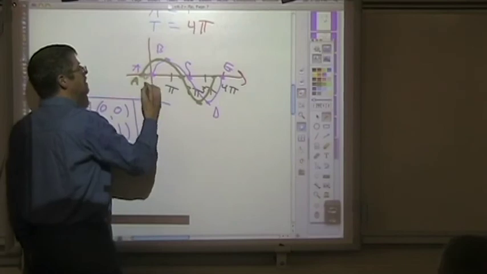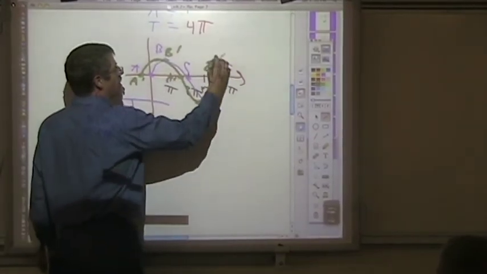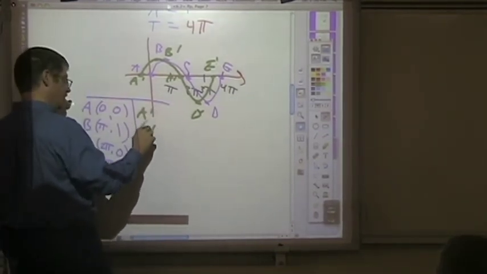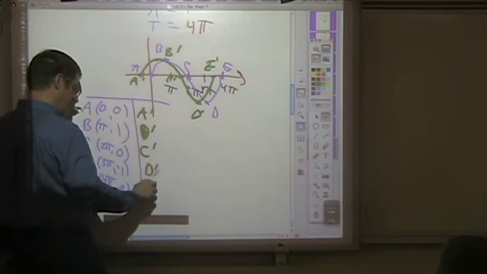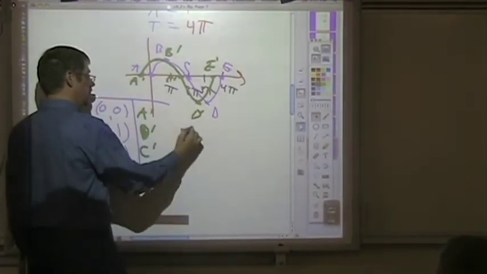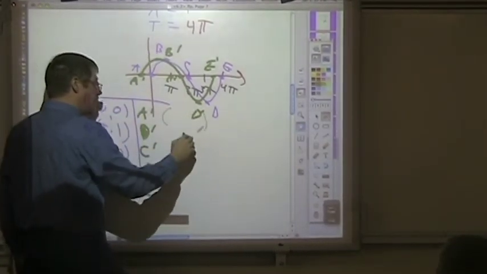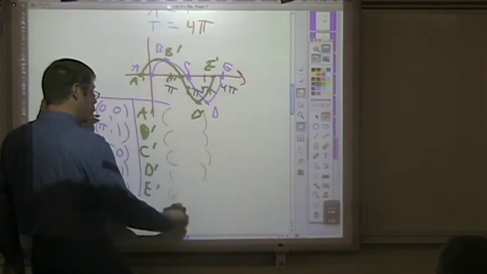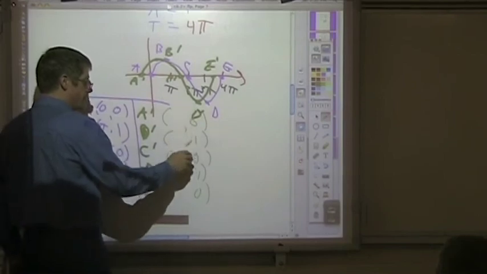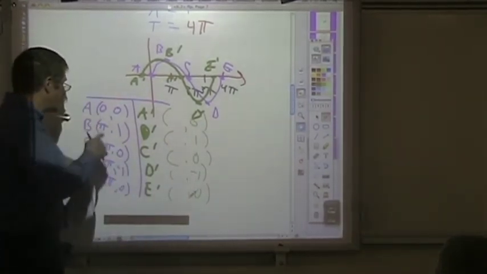In fact, I could call these points A prime, B prime, C prime, D prime, and E prime. I'm going to note that nothing happens to the y coordinates. They're still 0, 1, 0, -1, 0. The only thing that's different is I have to subtract pi over 4 from each of these x coordinates.